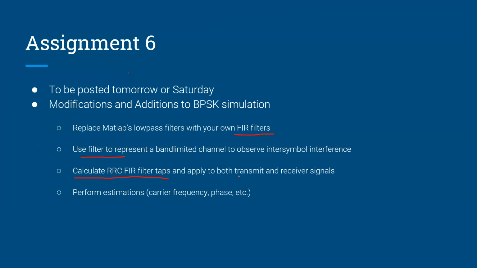And so those would be applied to both the transmitter and receiver signals to obtain a raised cosine filter overall. Remember, multiply two root raised cosine filter frequency responses and you get the raised cosine filter. And then lastly, you'll perform the estimations to correct for all the offsets in your receiver. And so, it's carrier frequency, carrier phase, and the timing and all that stuff.